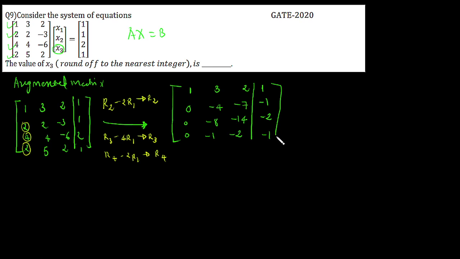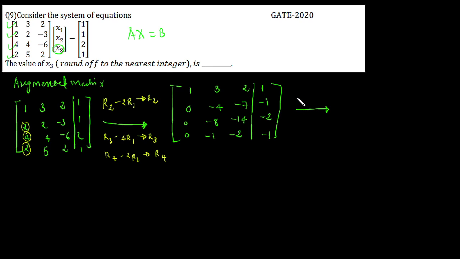So now what we have to do further is reduce this matrix further into echelon form. Look at this third row and this second row. If I multiply this second row with negative 2 and add it to the third row, the third row becomes all 0, because it is nothing but twice the second row. So let's write it here.